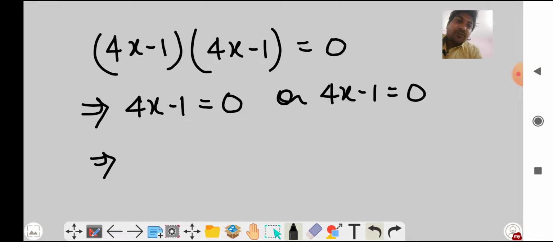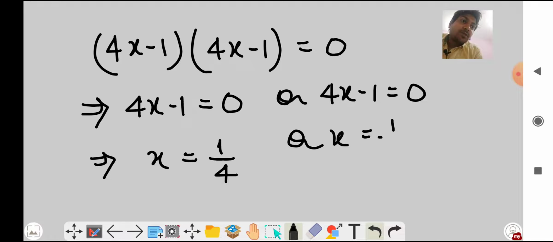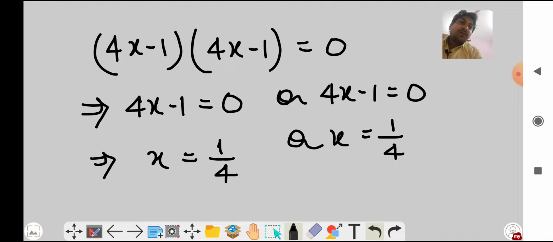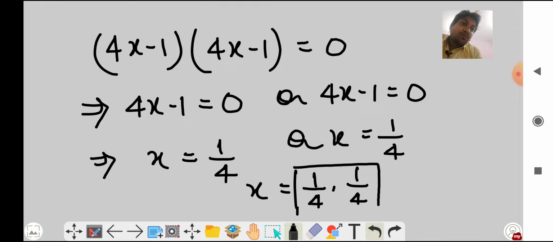So x equal to 1 by 4 or x equal to 1 by 4. Here we are getting two equal values, x equal to 1 by 4, 1 by 4. So the two roots will be equal and the value will be 1 by 4, 1 by 4.